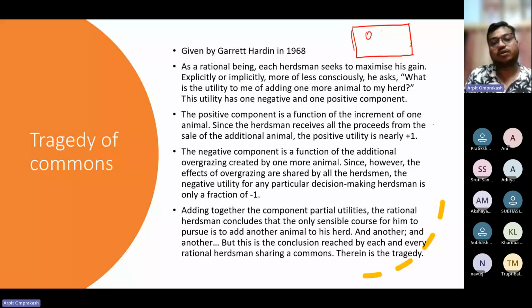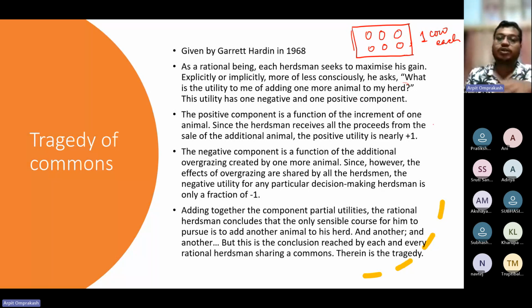So what Hardin says is that as a rational being, each herdsman seeks to maximize his gain. Explicitly or implicitly, more or less consciously, he asks, what is the utility to me of adding one more animal to my herd? The utility has one negative and one positive component. So the individual herder is thinking to himself, what will happen if I add one more cow to my herd, right?